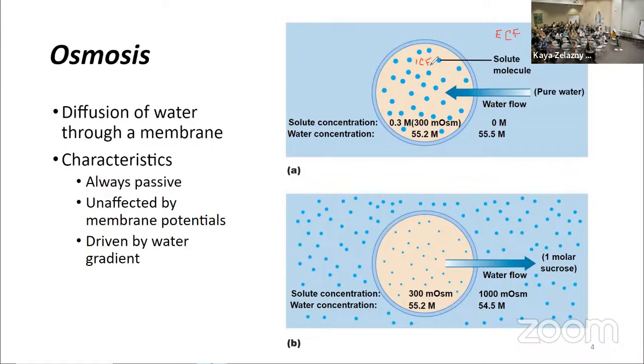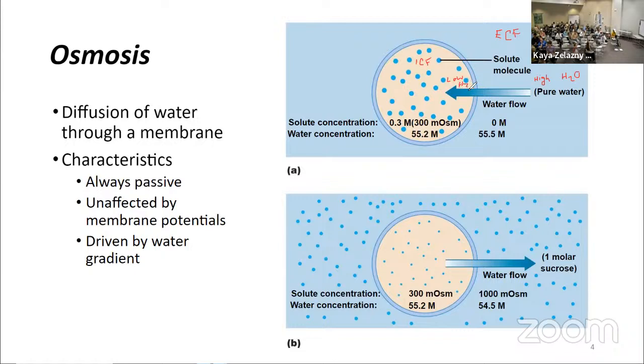This means that our water concentration gradient, from pure water, that's lots of water, so high water concentration. And as soon as we have other stuff mixed in with the water, that other stuff takes up space. So as soon as you have not pure water, that's automatically going to be a lower concentration of water, relatively.